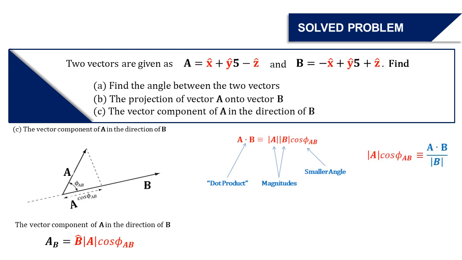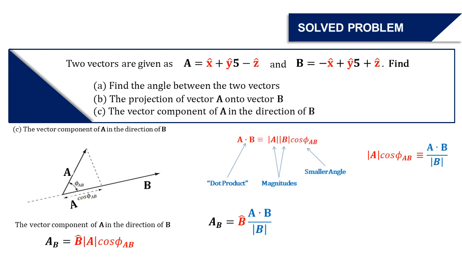And we all know that our projection, right? The projection in the direction of vector B is equal to the dot product divided by the magnitude of the direction. In this case, it's in the direction of B. So, to get the vector component of A in the direction of B, this projection we obtained, right? We just multiply it by B hat.